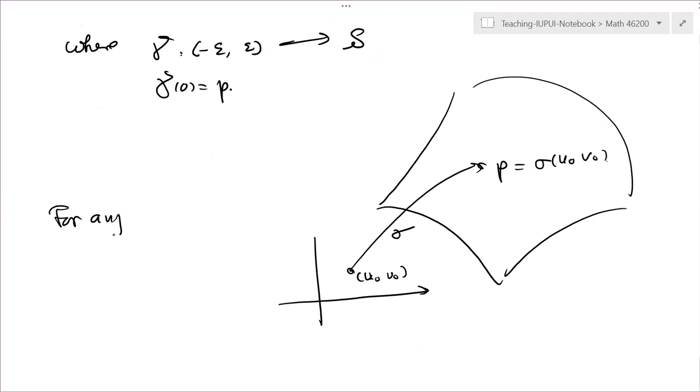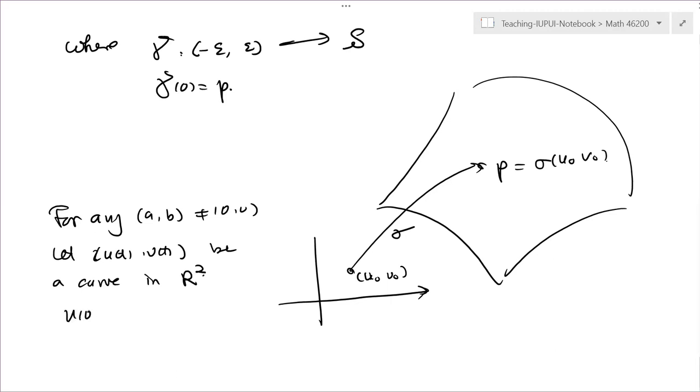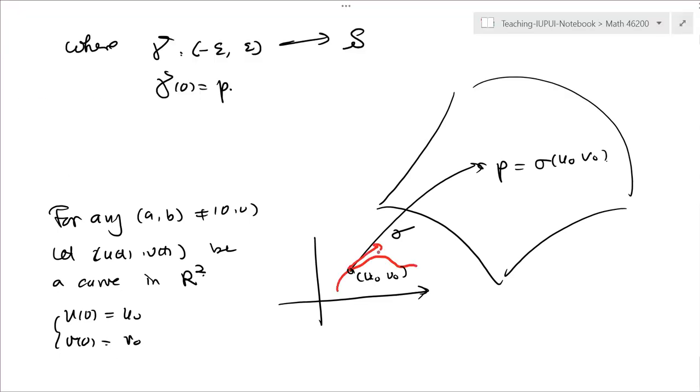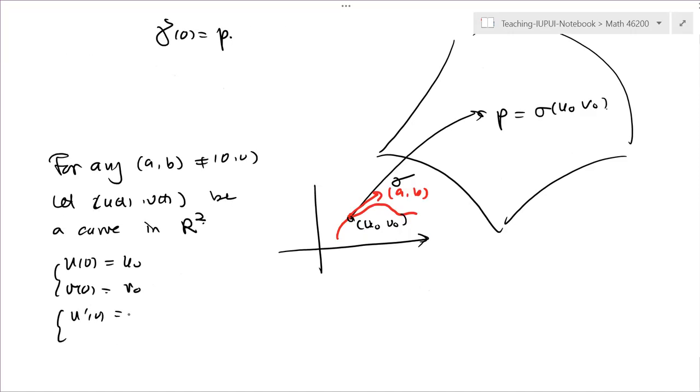So for any A and B, which are not both 0, I can let U(t), V(t) be a parameterized curve in R2 such that it passes through this point, and this is the tangent vector, with U prime 0 equals A, V prime 0 equals B. We can always do that, right?